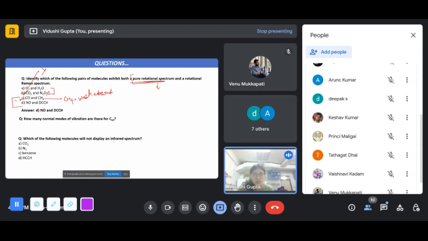How many normal modes of vibration are there in C60? You have to calculate the normal modes for C60, carbon 60. It's simple, we have discussed it multiple times.